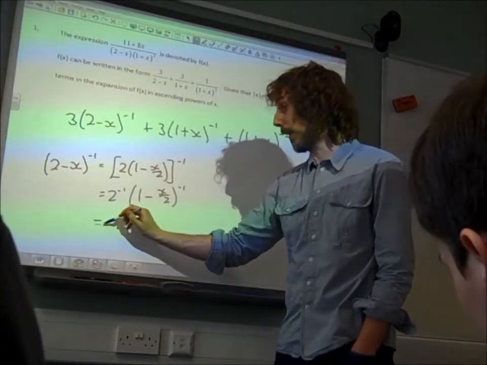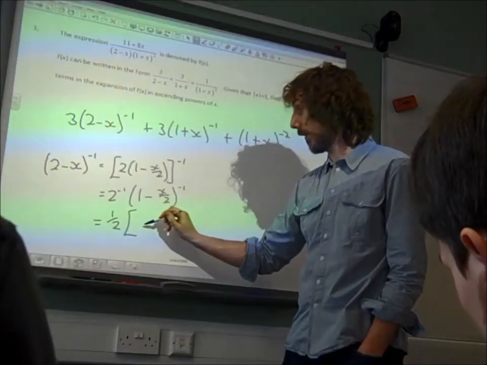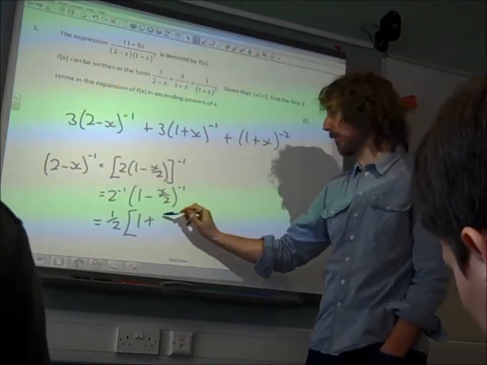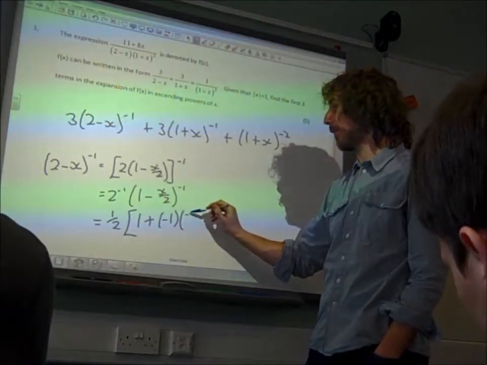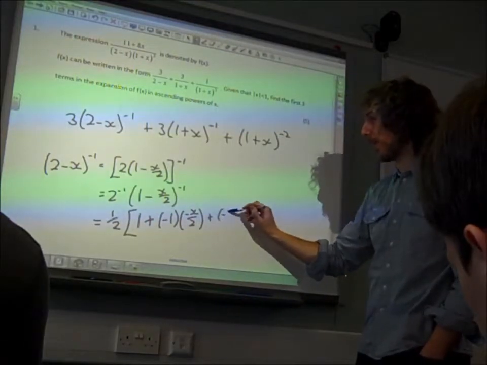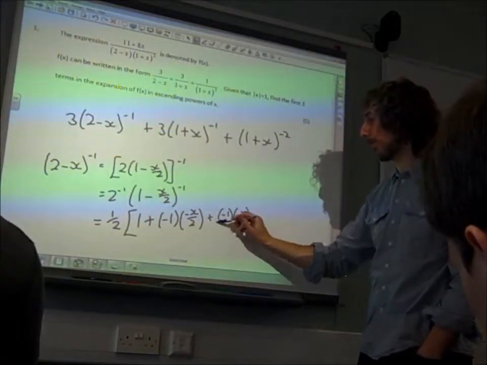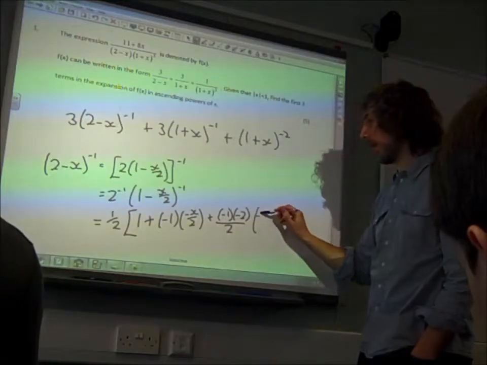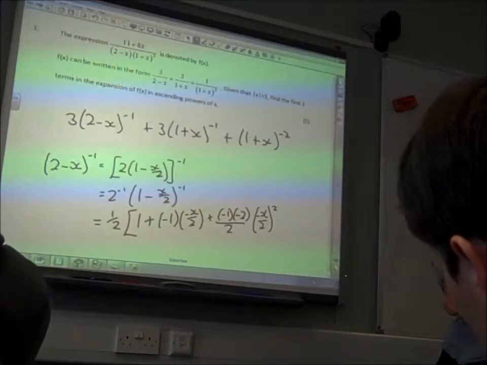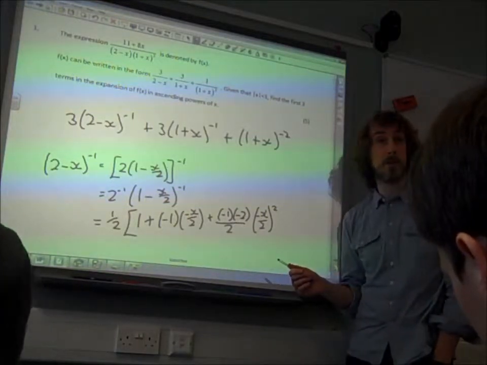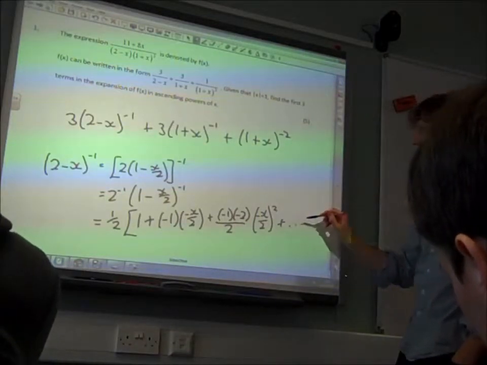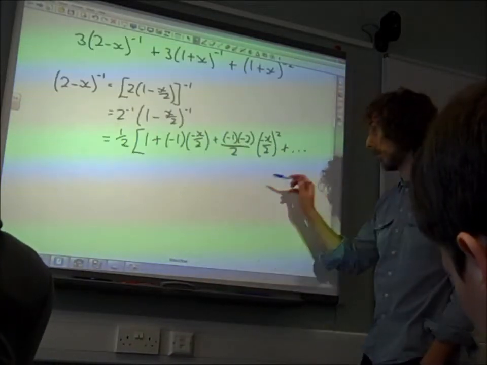We're ready to do something now, which is a half of, and remember the expansion, it's 1 plus n times x, so minus 1 times minus x over 2, plus n times n minus 1 over 2, times the x bit squared. And we're only wanting to do the first 3 terms. So that's as far as we're going to go with this. It would go on, but we don't need to, which is nice.